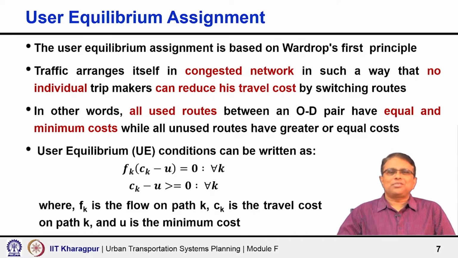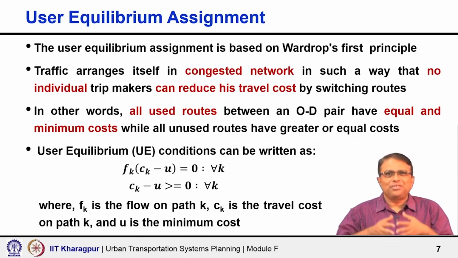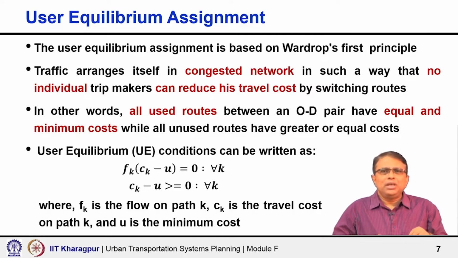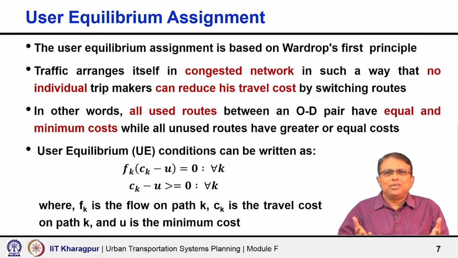So, in other words, when will it be so? When all routes used between an OD pair, consider one origin, one destination, there are multiple alternative paths. When all routes which are used, there may be unused routes. So, I want to go from node 1 to node 2, there may be 5 different paths, but traffic may not use all 5 different paths; some cost may be much higher.